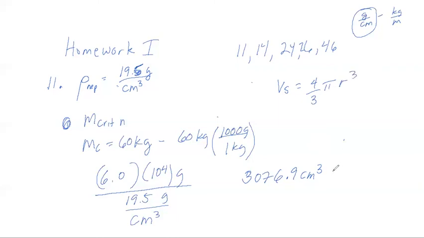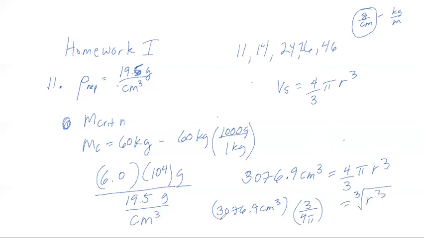So I'm going to go ahead and set this up and find out what radius I need. 3076.9 centimeters cubed times 3/4 pi equals r cubed. I'm going to take the cube root of both sides, and I'm going to come up with 9 centimeters.